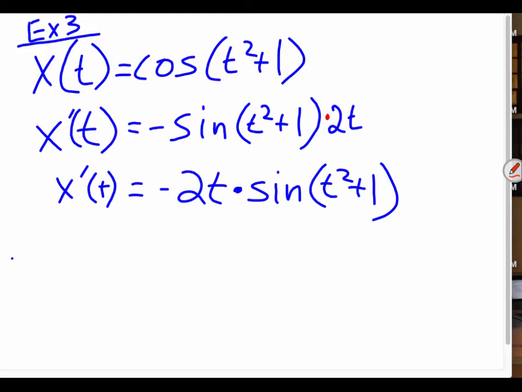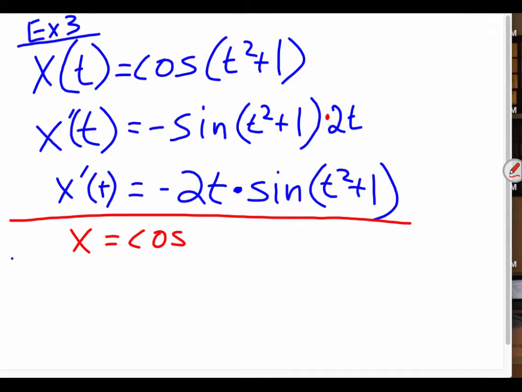I'll show you another shortcut without all the du, dx, all that. Another way you could do this problem is you could say x equals cosine of u, where u is equal to t squared plus 1, u prime is equal to 2t.